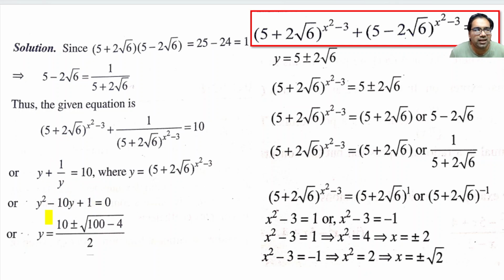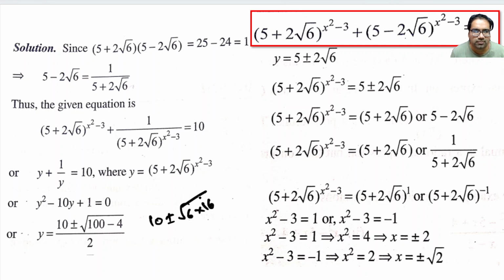So the roots would be irrational. y equals minus b plus or minus root of b square minus 4ac, by 2a. Minus b is minus of minus 10, which is 10, plus or minus root of 100 minus 4 into 1, by 2. That is 100 minus 4, which is 96, root 96. 96 is 6 times 16.